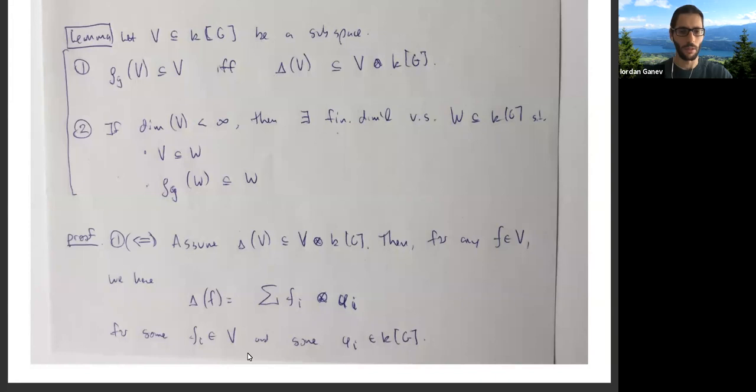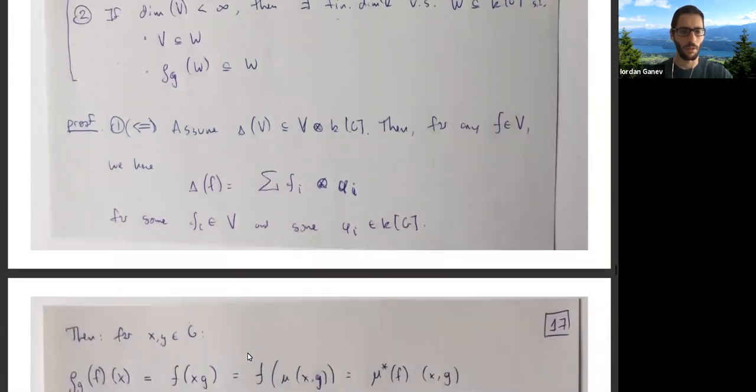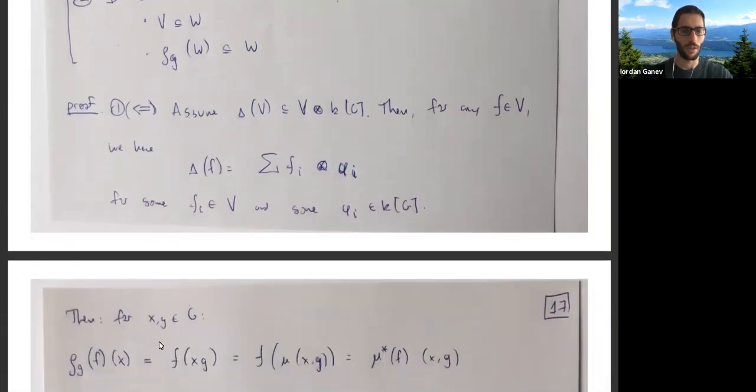Okay, so what do we do with this? Take any x and little g in G, this is a little g, and apply rho sub g to F and then evaluate at x.